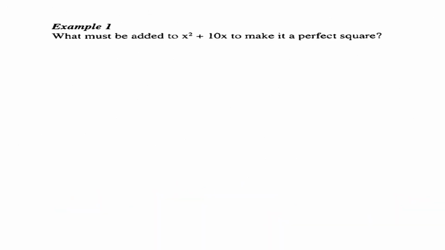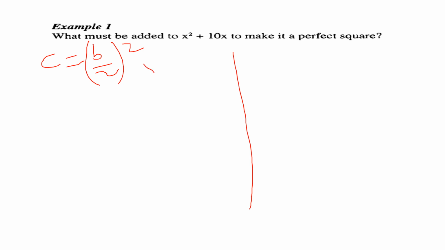So in this case, let us apply. What can we make to be a perfect square? Remember, we have said that c is equivalent to b divided by 2, then squared. So for us here, we can add the constant c. So we have x squared then plus 10x then plus c.